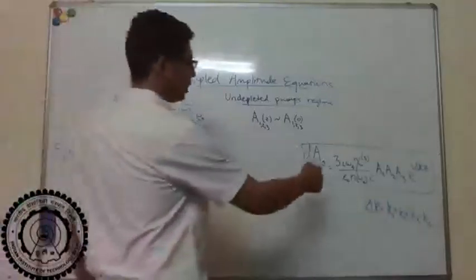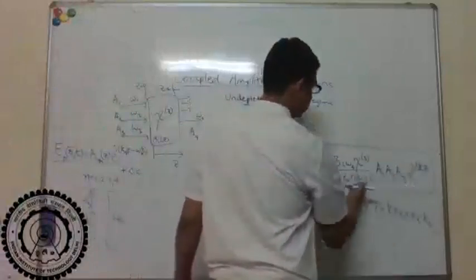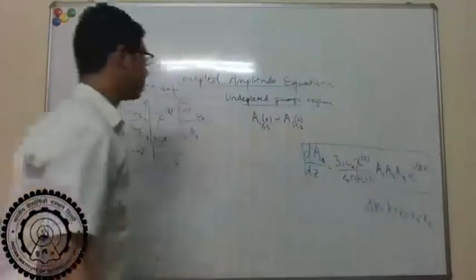Okay, so basically now it's just straightforward integration, right? All of this is just constant. The only Z dependence is in the exponential here.